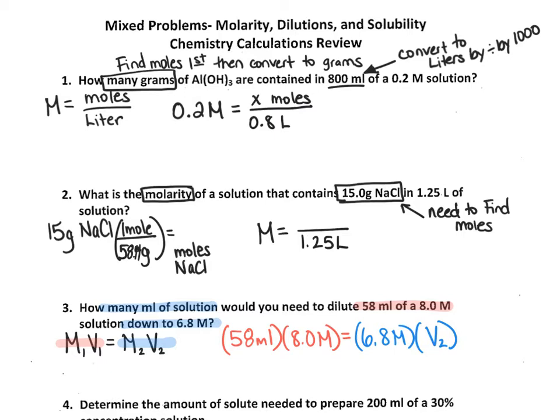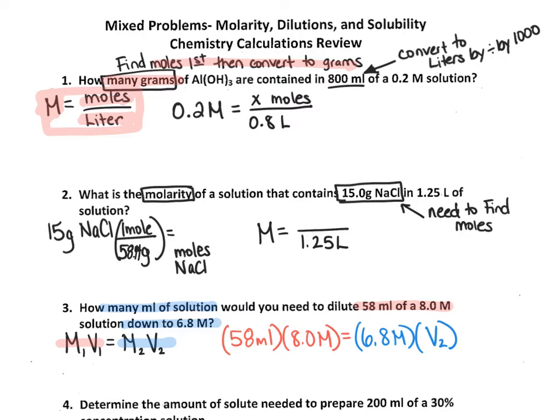So the first question says, how many grams? In order to do this, we actually have to find the number of moles first, and we're going to find the number of moles by using the equation for molarity. The molarity is equal to the moles divided by the liters of solution.